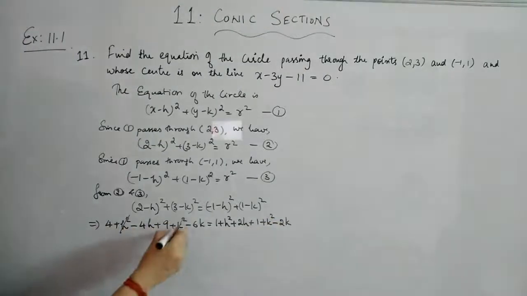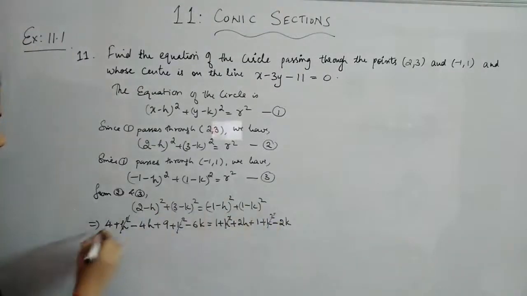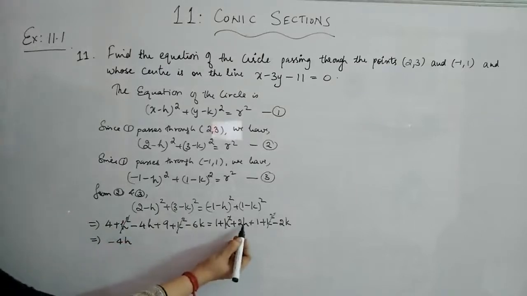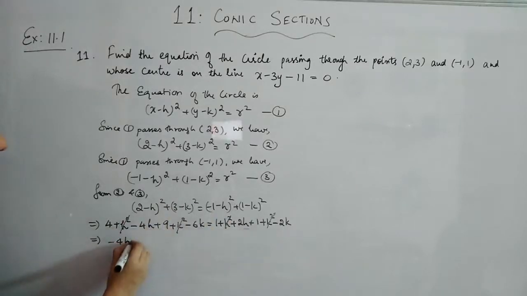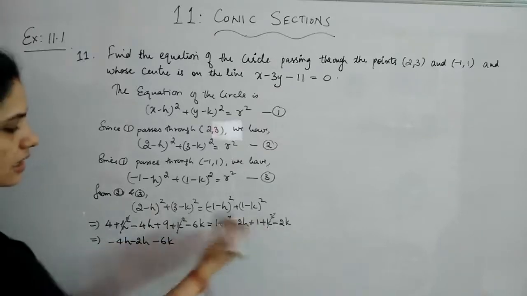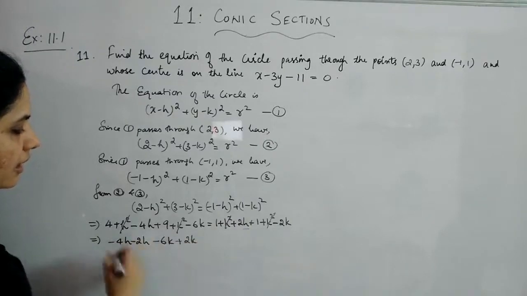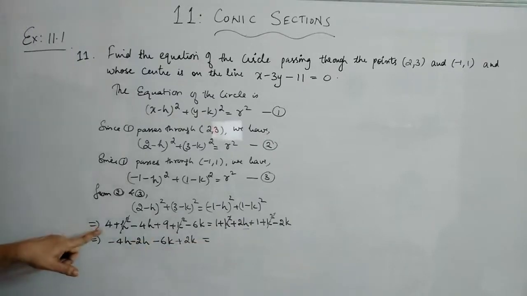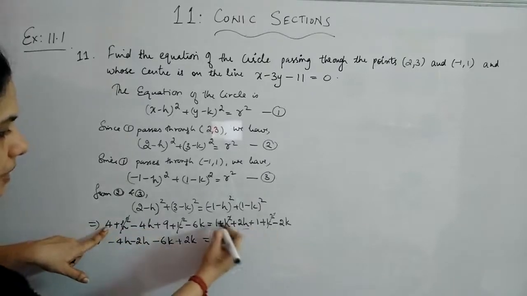h² and k² from both sides get cancelled. Remaining, you are getting here -4h. Here you have +2h, which will come here as -2h. Again you have -6k, this will come here as +2k, and the rest of the terms, this is 13, and here you have 1 + 1, 2.